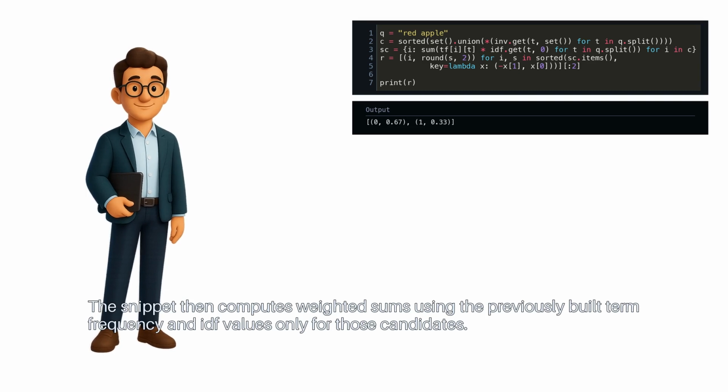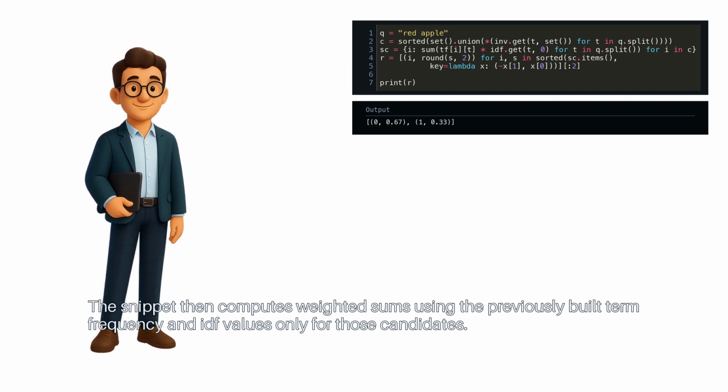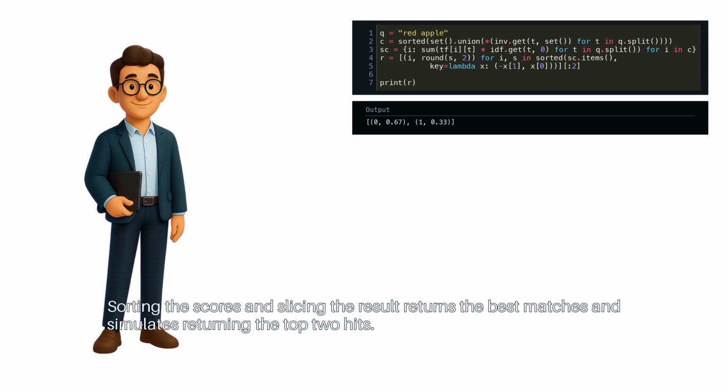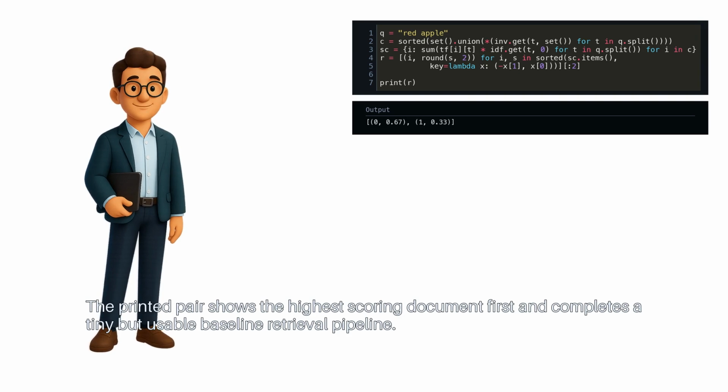The snippet then computes weighted sums using the previously built term frequency and IDF values only for those candidates. Sorting the scores and slicing the result returns the best matches and simulates returning the top 2 hits. The printed pair shows the highest scoring document first and completes a tiny but usable baseline retrieval pipeline.